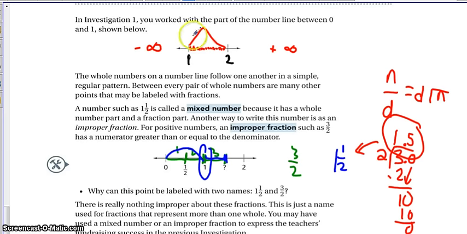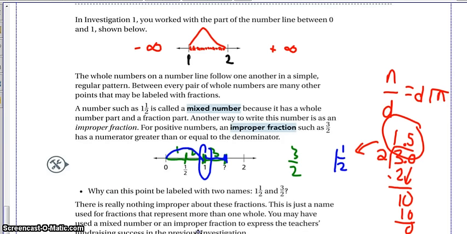Now, this brings us into this whole improper fraction thing. I know in middle or elementary school they might have told you that improper fractions, you're supposed to write them as mixed numbers and so on. There is no such thing as an improper fraction. The reason they're called improper fractions is because the numerator is greater than or equal to the denominator.